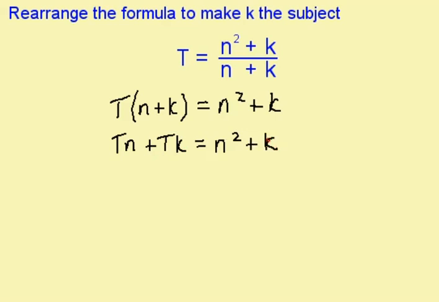I now want to get all the k's on one side of the equation and everything else on the other side of the equation. So I'm going to have tk minus this k equals n squared minus this tn. I'm now going to take out a factor of k. This leaves me with t here and minus 1.